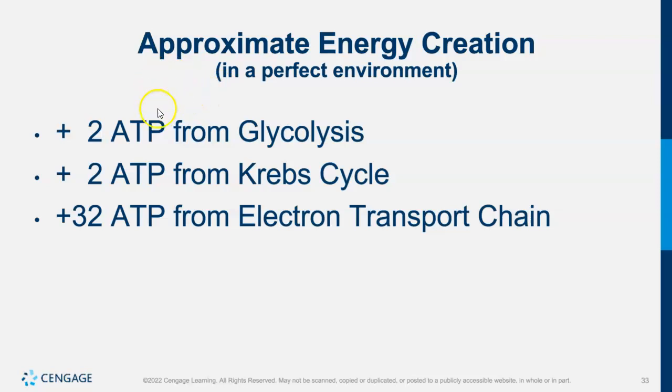Lots of things can change, but we do get 2 ATP from glycolysis and 2 from the Krebs cycle or TCA cycle, and we could get 32 ATP from the electron transport chain. Some textbooks or some scientists believe that it could be 28. Some say it's as high as 34. Again, it depends. So we're using 32 as our kind of perfect environment energy creation.